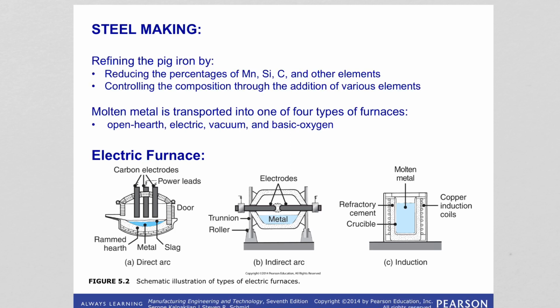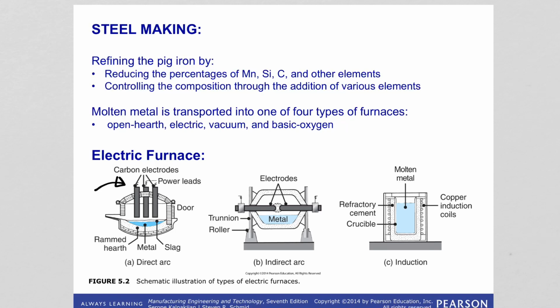Usually there are 3 big graphite electrodes. Okay, I suggest you watch the videos I sent you in Canvas. So between those large graphite electrodes and the charged metal, the electric arc is formed and high temperatures are obtained.